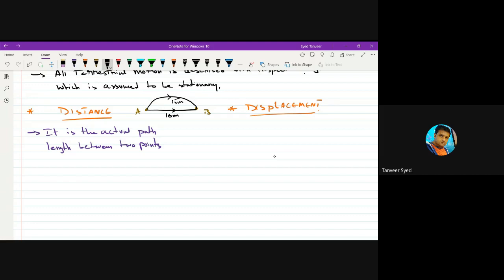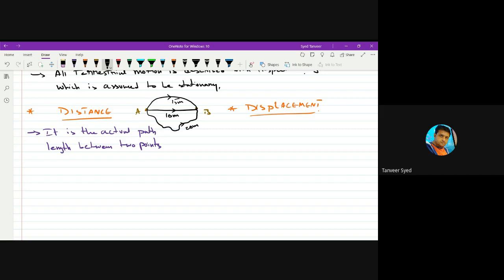So the distance has increased. On the other hand, if I go from point A to point B in this path, then I should again place the tape along this path, measure the total length, and I'll get the distance. Obviously, it will be even greater than 15 meter. Let us say it is some 20 meter.